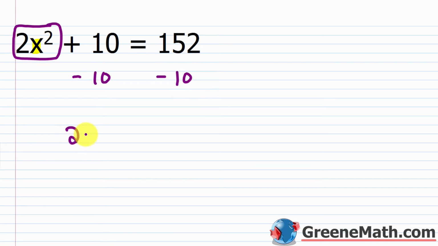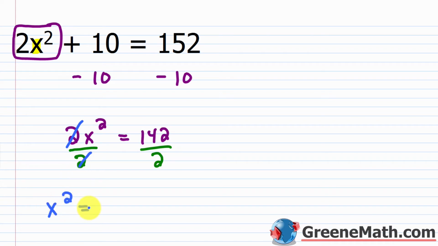So I would have that 2x squared is equal to 152 minus 10, which is 142. Now again, I want to get the x squared by itself. So I need to divide both sides of the equation by 2 so I can isolate the x squared part. So we know that this is going to cancel, and I'm going to have x squared is equal to 142 divided by 2, which is 71.